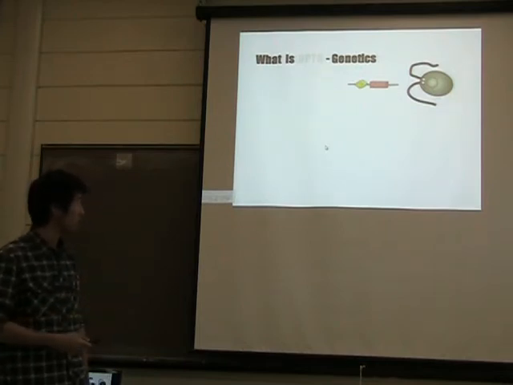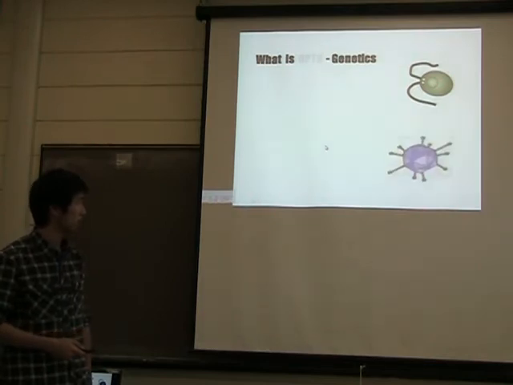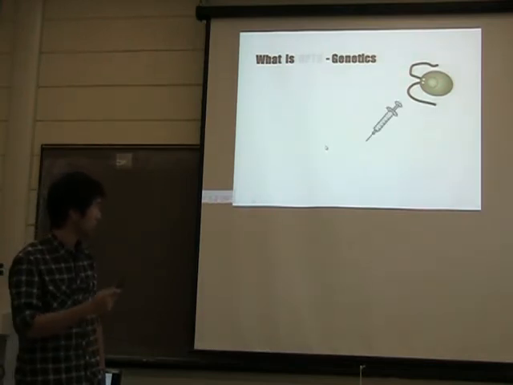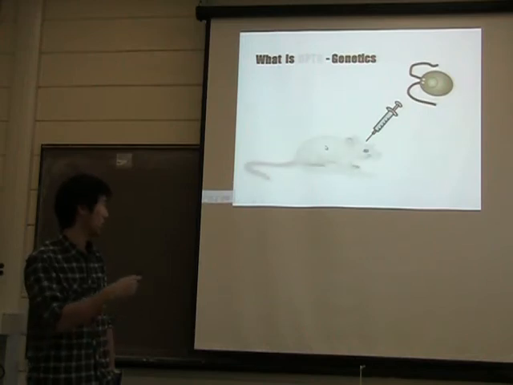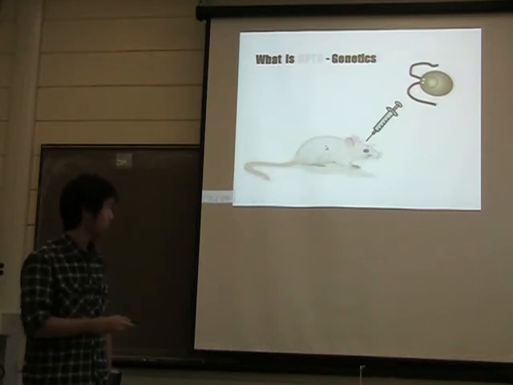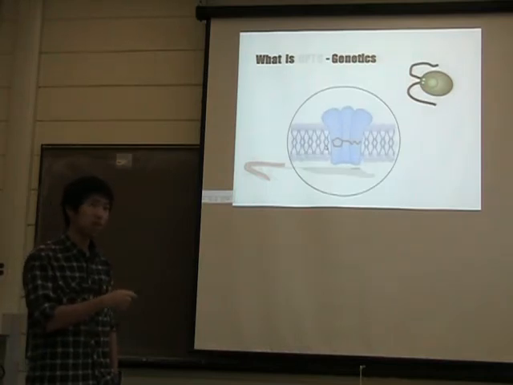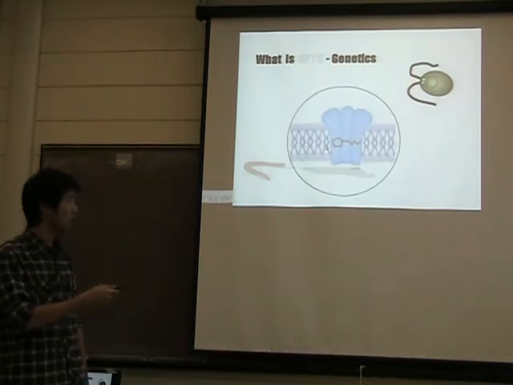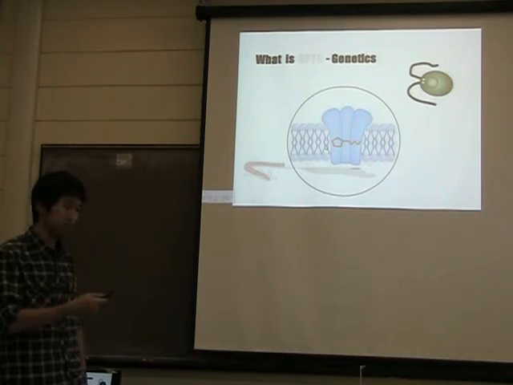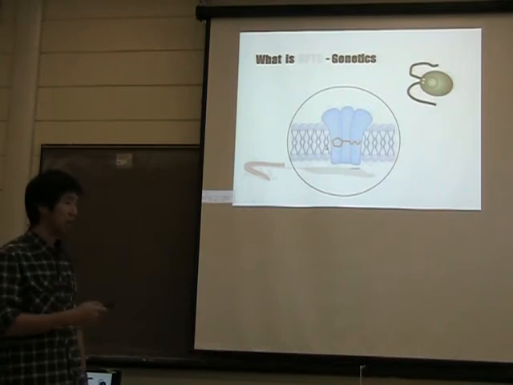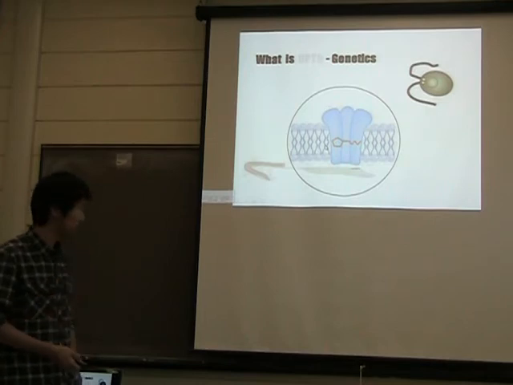We transfer this gene into a virus and inject this virus into the mouse brain, and the promoter helps the channelrhodopsin gene get expressed onto the membrane of the mouse nerve cells. So we can finally get channelrhodopsin into a nerve cell of the mouse.